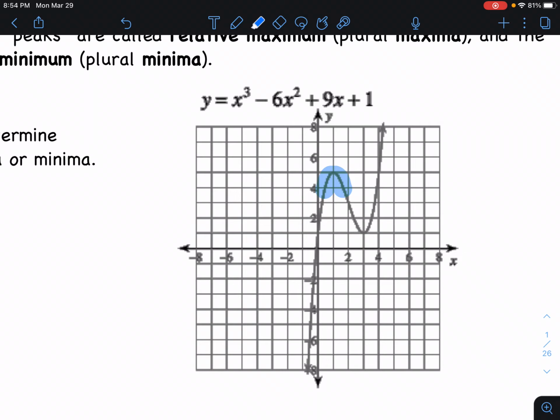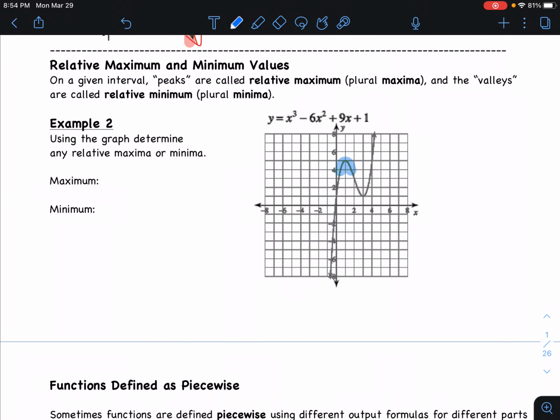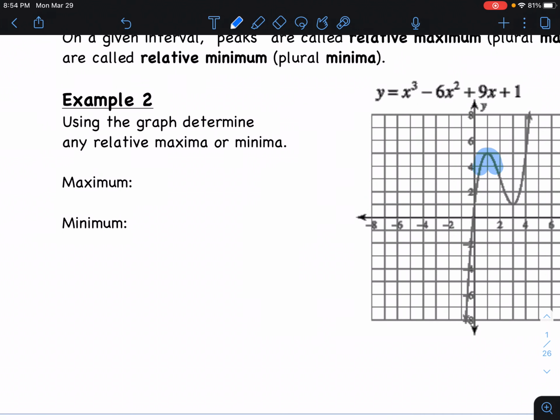What you would just do is say the maximum goes as high as 5. The y coordinate is 5. Think of it as like 5 feet high or something.